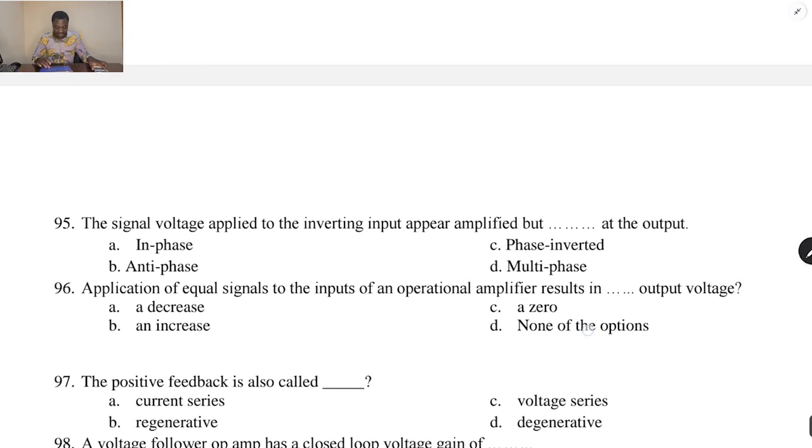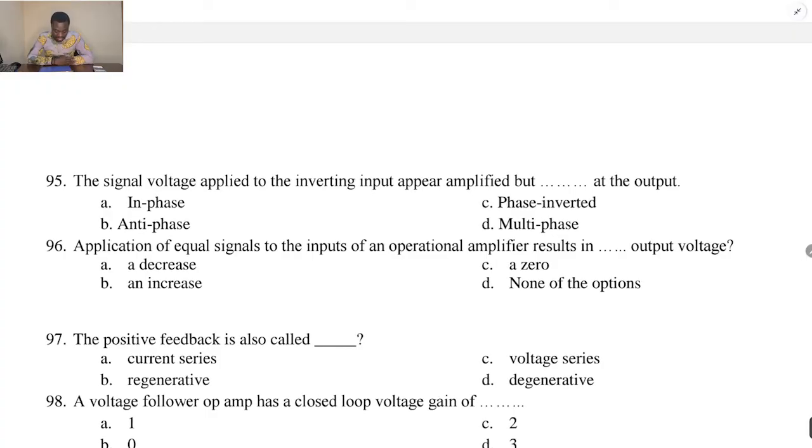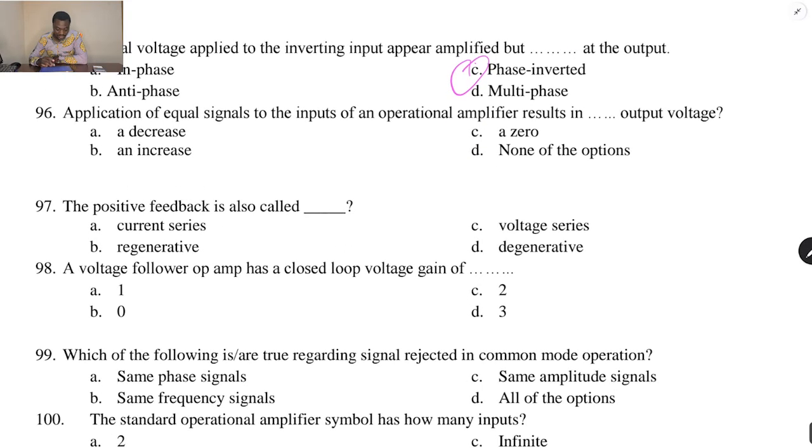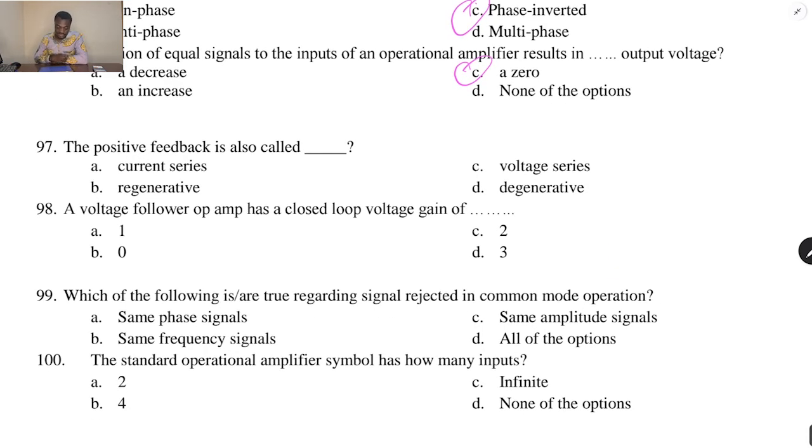Now question 85, the signal voltage applied to the inverting input appears amplified, but phase inverted at the output, right? So we have an operational amplifier, this is a repeated past question: application of equal signals to the inputs of an operational amplifier results in 0.